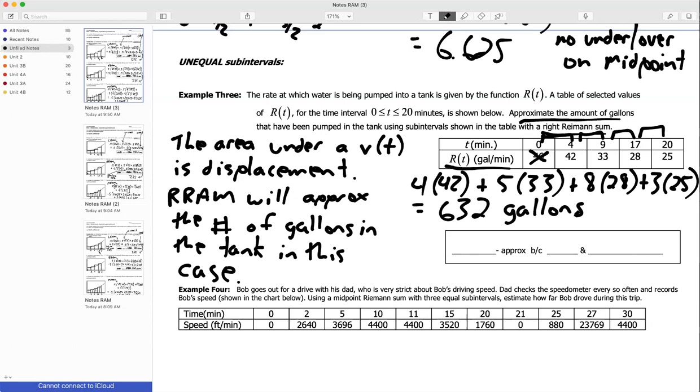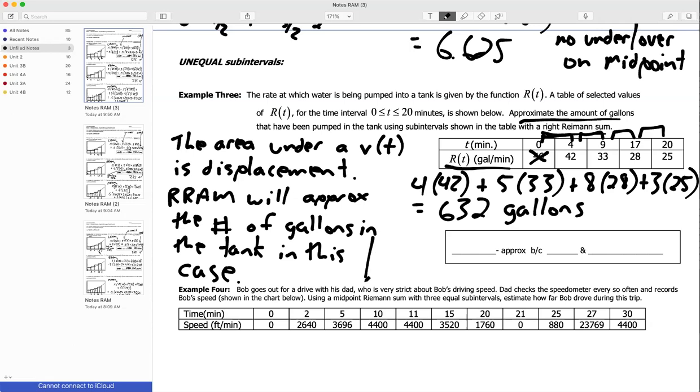Is this an under approximation or an over approximation? And how do you tell? Well, let's look at it for a second. Is my rate increasing or decreasing? It is decreasing because it is going down.